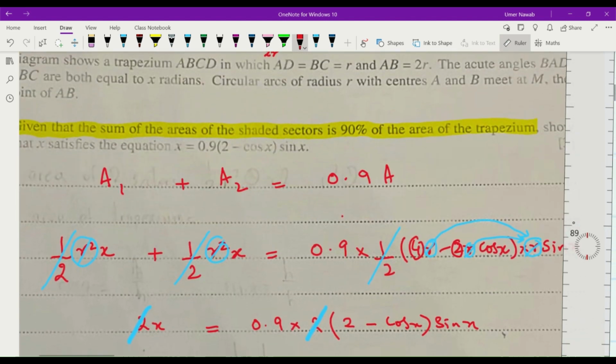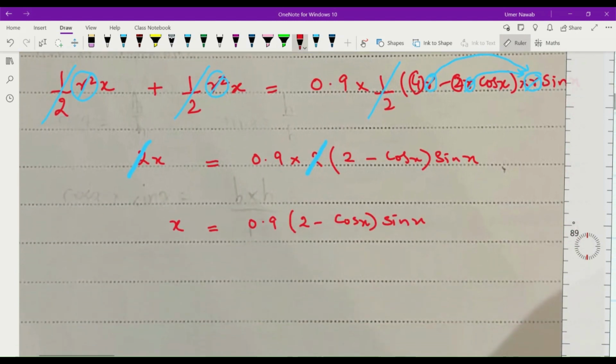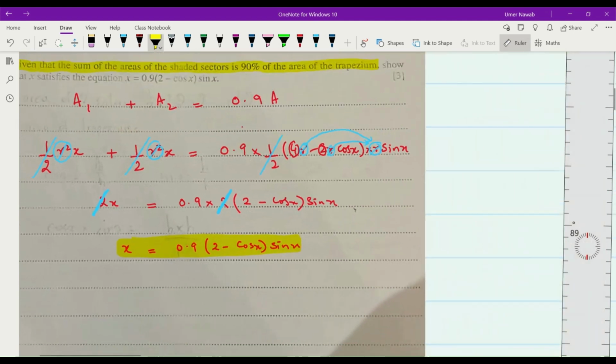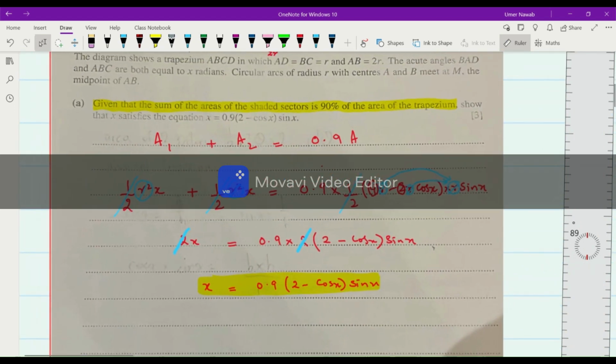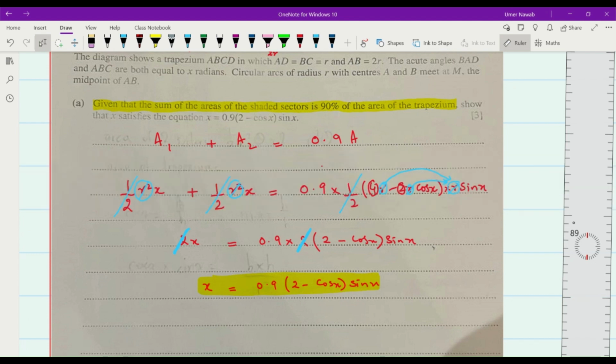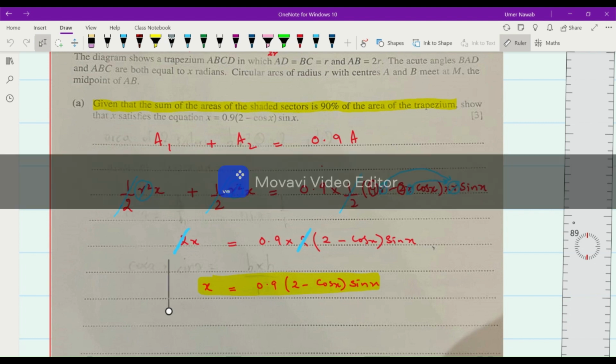Is this the thing I want to get? The answer is yes. We got the same result which was required by the examiner. So in all questions related to numerical solutions, sometimes the examiner tries to model the equation through different concepts taught in AS or A2.